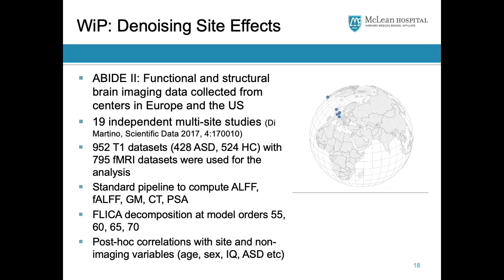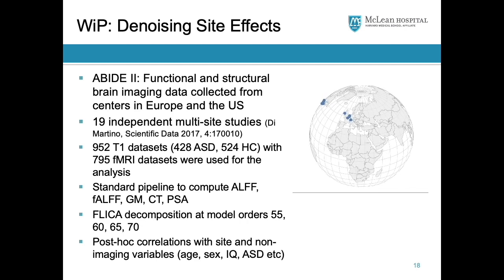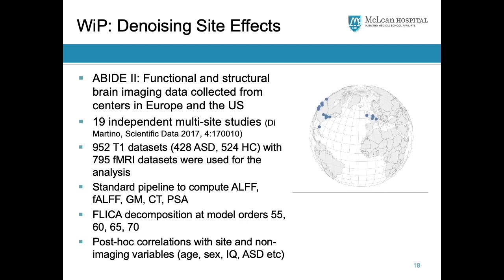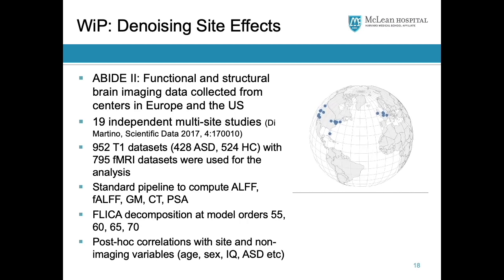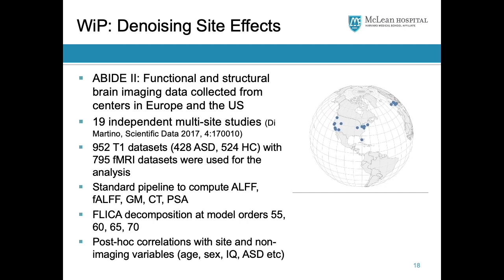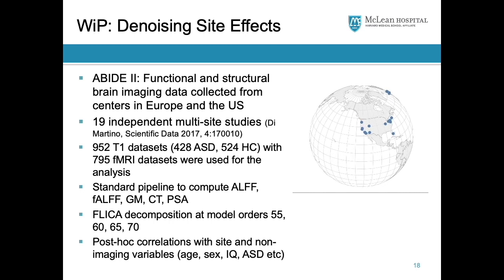And then Dr. Lee also has a work in progress denoising side effects from the ABIDE 2 autism data set. So I'm just going to show you some very preliminary results here. And like I said, this is a work in progress where she's denoising these data and then using them to study autism.